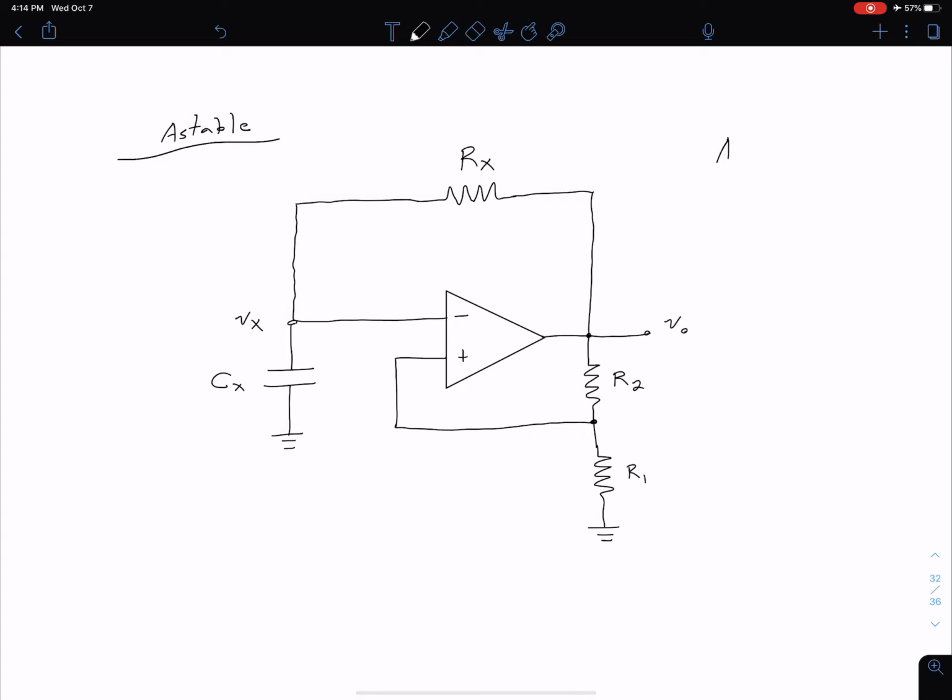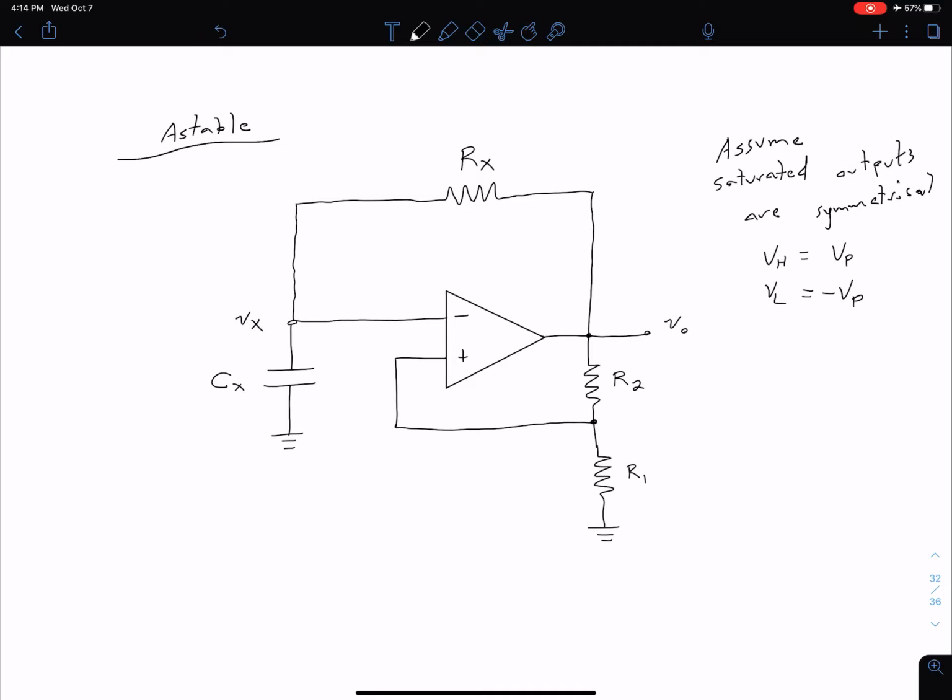We're going to assume that we have symmetrical saturated outputs, symmetrical about 0. So let's say our high saturated output V high is equal to some value Vp, and that would mean that our low saturated output V low would be negative Vp.